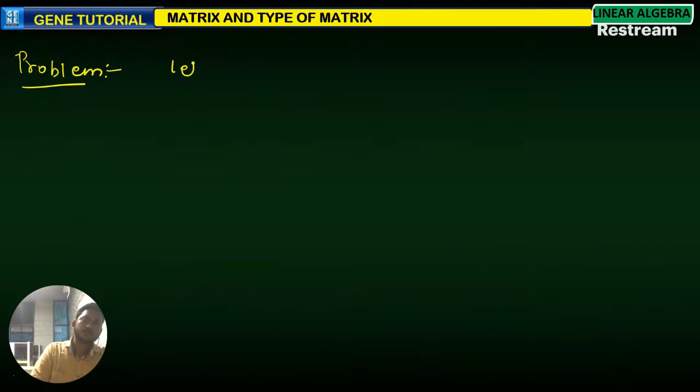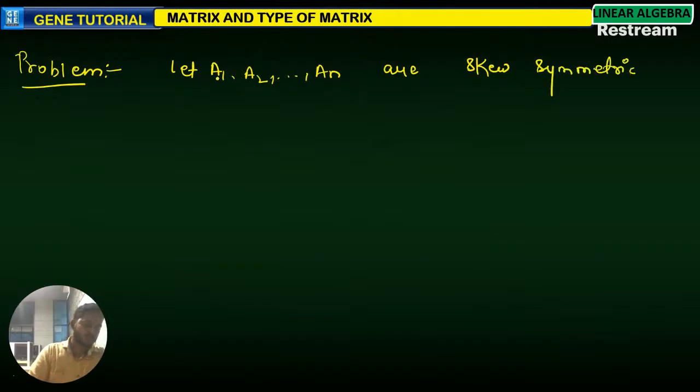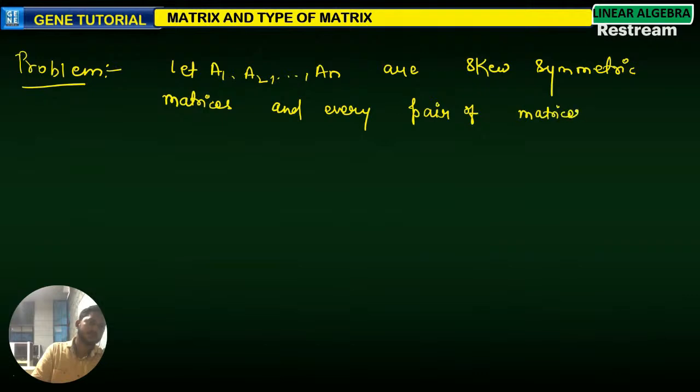Okay, so let A1, A2, up to An be skew symmetric matrices, and every pair of matrices anti-commute with each other.